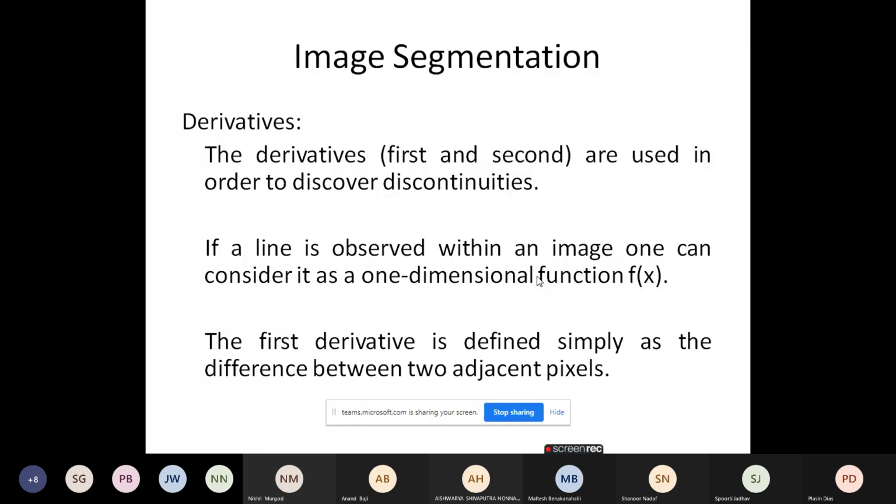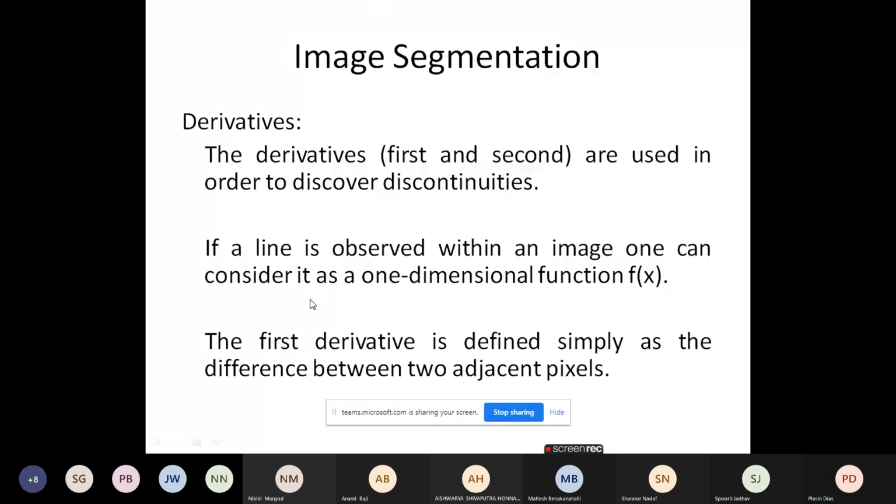But anyway, in maths 1, 2, 3, 4, you have studied derivatives, isn't it? So you can utilize those derivatives, either first order or second order, to discover discontinuities happening in the image.